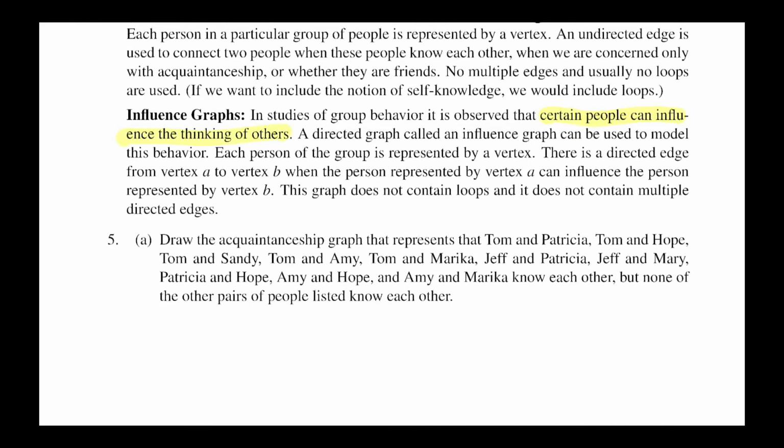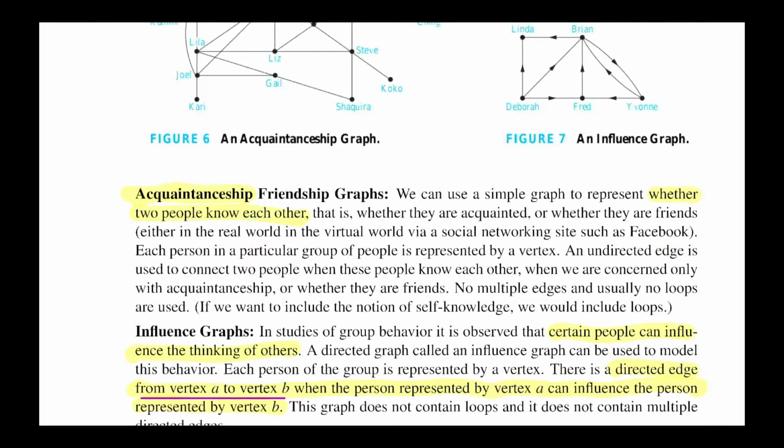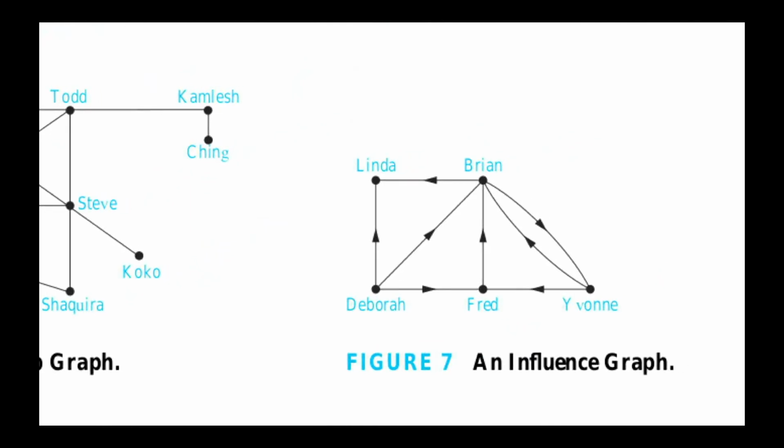So in this case, a directed edge from vertex A to B, where the person represented by A can influence the person represented by B. So you have to get the direction going the right way. So A influences B, right? If it goes from A to B, then A influences B.